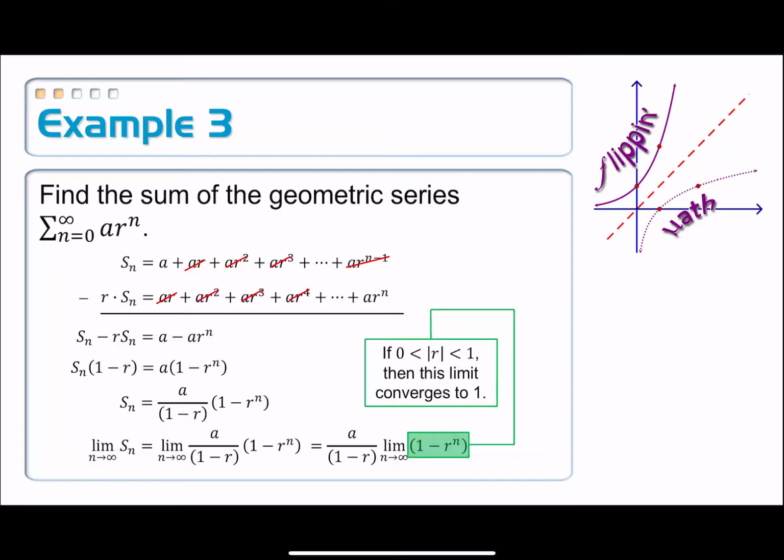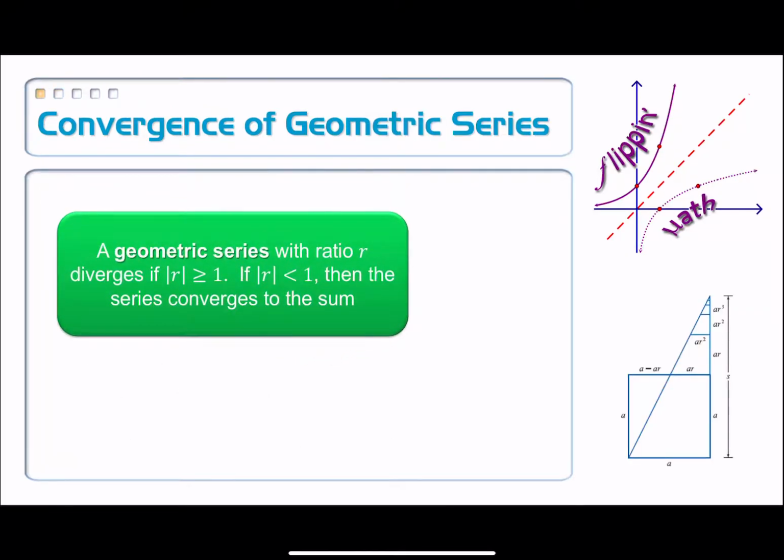Because the r term is going to go to 0. Exponential decay, it's going to decay down to 0, and I'm left with just 1 for the limit, which means it's 1 times this fraction right up front, which is a over 1 minus r. And guess what that is? That's correct. That is the sum of that infinite series.